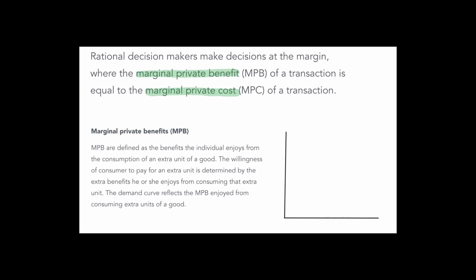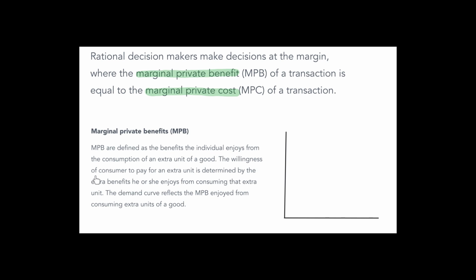It says here, marginal private benefits are defined as the benefits the individual enjoys from the consumption of an extra unit of a good. So if, let's say, I consume one more packet of chips worth 20 rupees, I'm saying that packet actually gave me the benefit, satisfaction or utility worth 20 rupees.